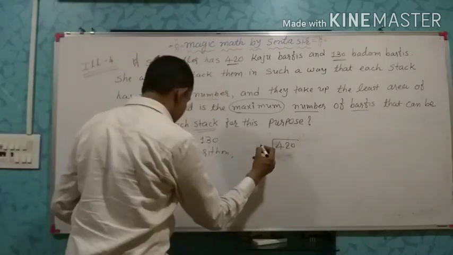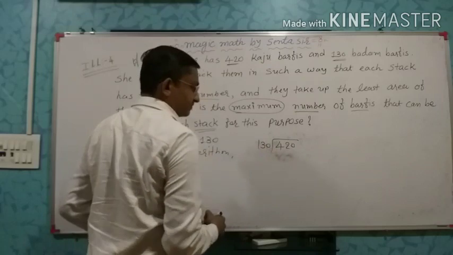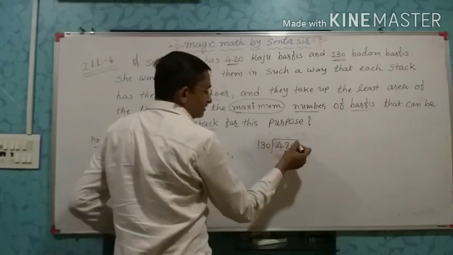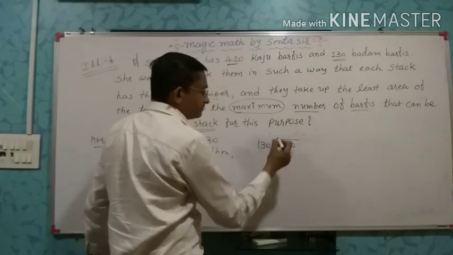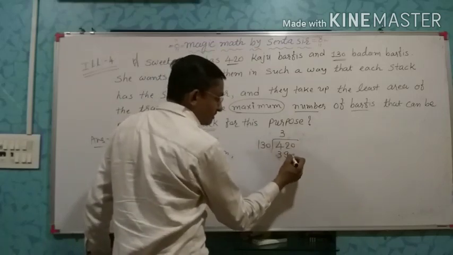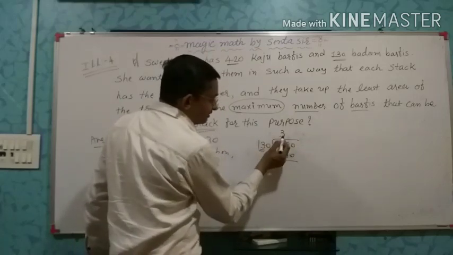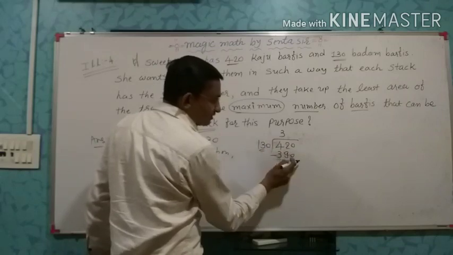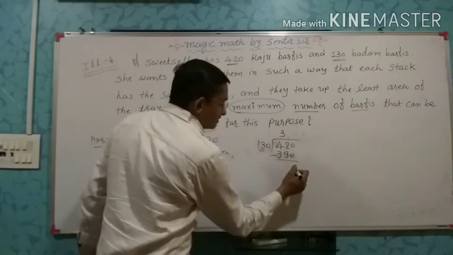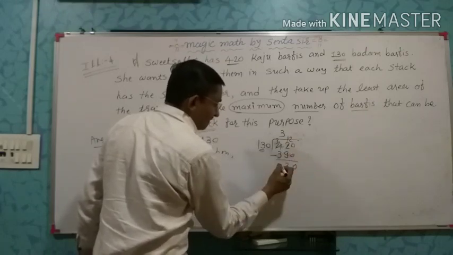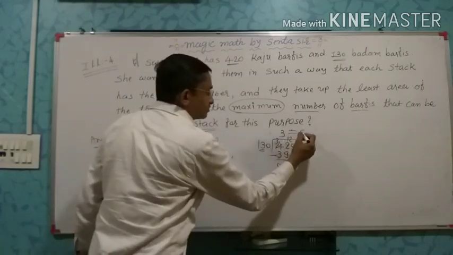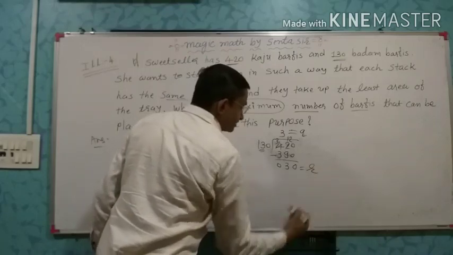420 divided by 130. 13 threes are 39, so 390. Subtracting gives 0, 0. Three is quotient and 30 is remainder.